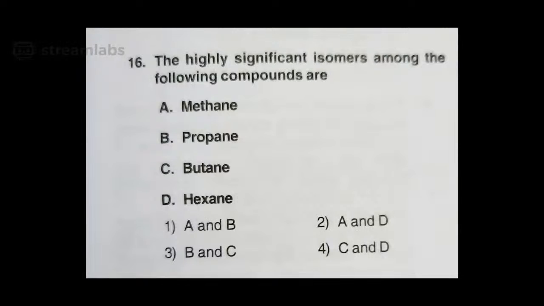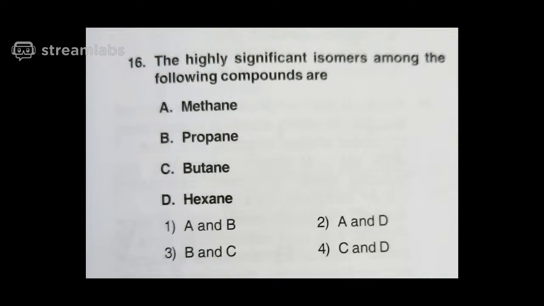Okay, this is very simple. The highly significant isomers among the following compounds are. Now, which compounds could show isomers, where they can show different structures, right? The compounds having the same molecular formula but different structures. Okay.